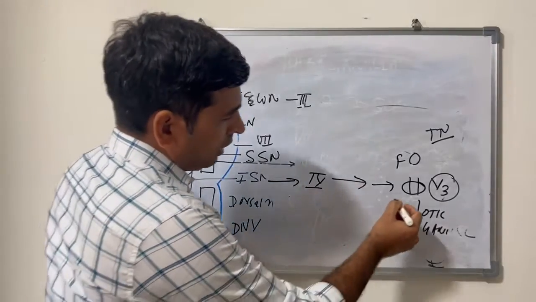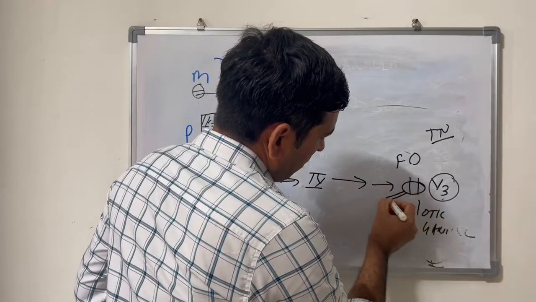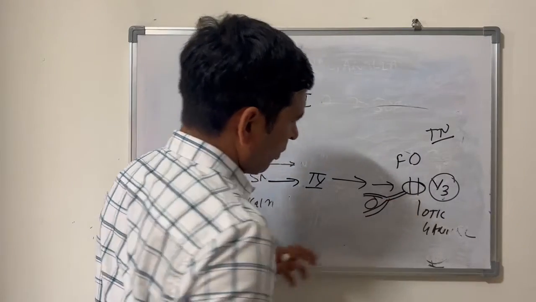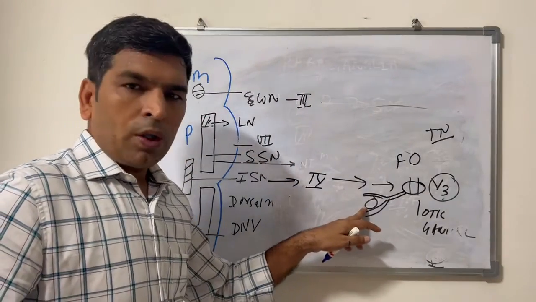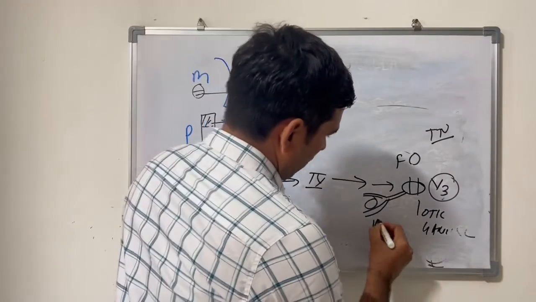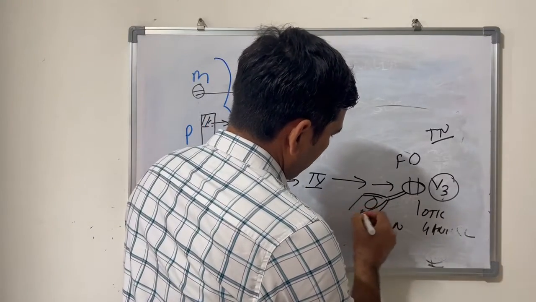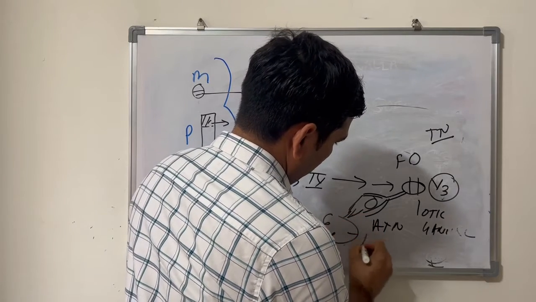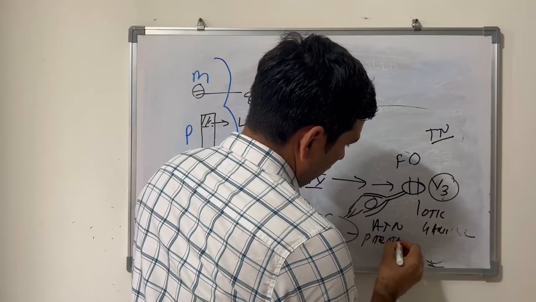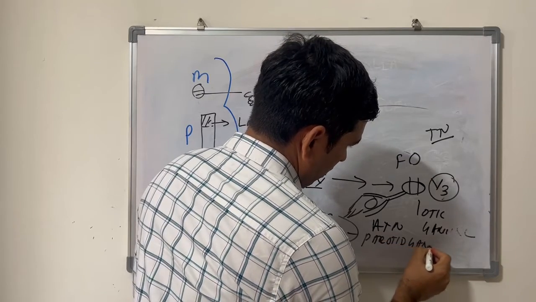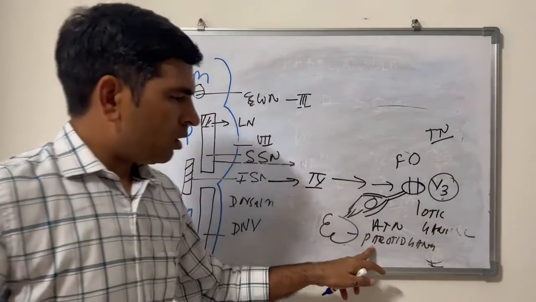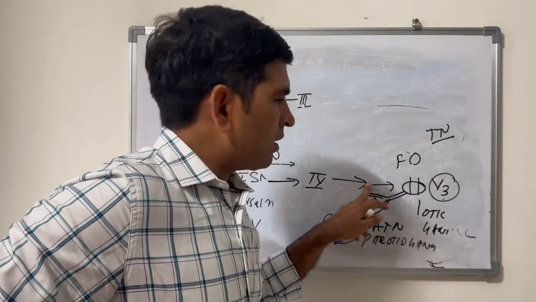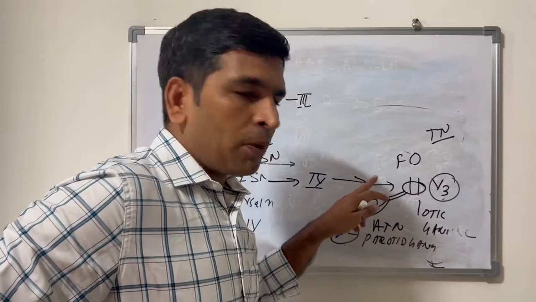This otic ganglia posteriorly gives one branch, that is the auriculotemporal nerve, and this nerve supplies the parotid gland. So these fibers of the glossopharyngeal form the tympanic plexus in the middle ear, that is the lesser petrosal nerve.